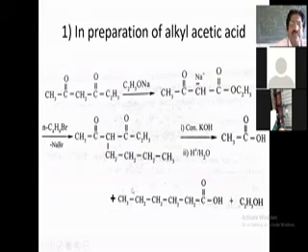Can anyone name this carboxylic acid? You just see, and anybody can turn on your mic and tell me the name of this carboxylic acid. The parent compound is hexane, 1, 2, 3, 4, 5, 6, hexane.